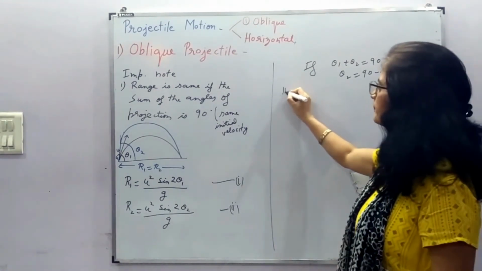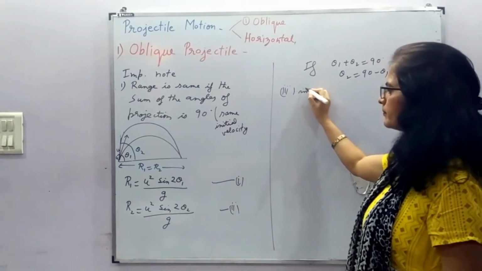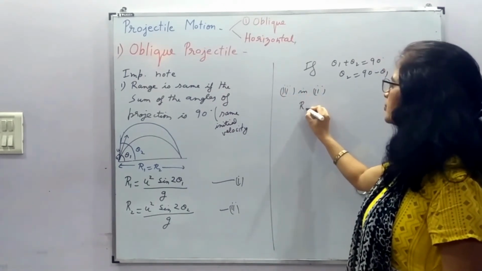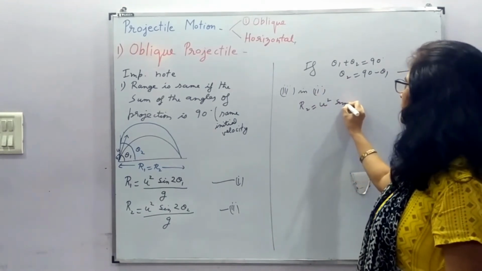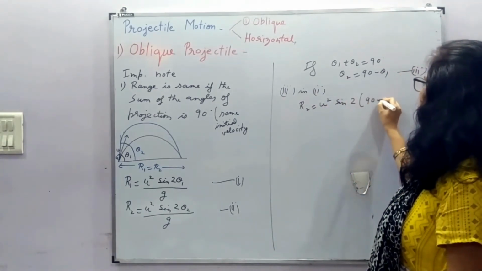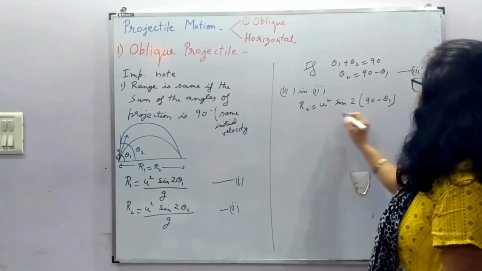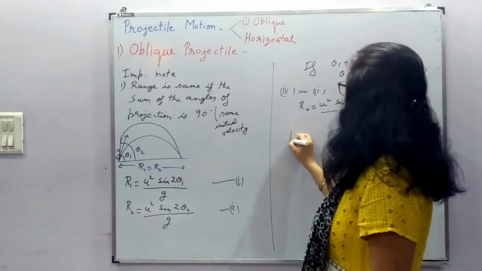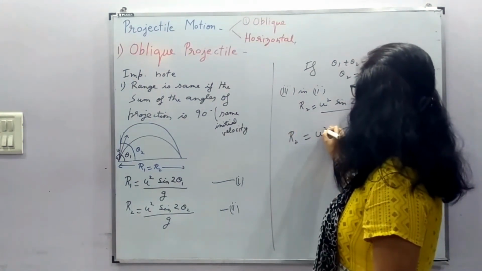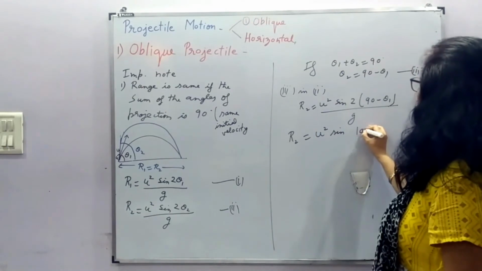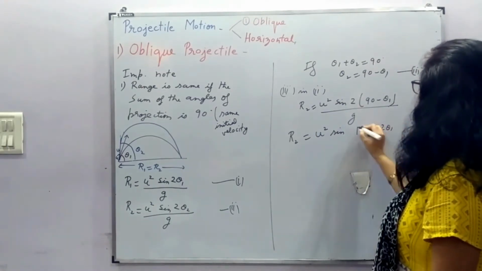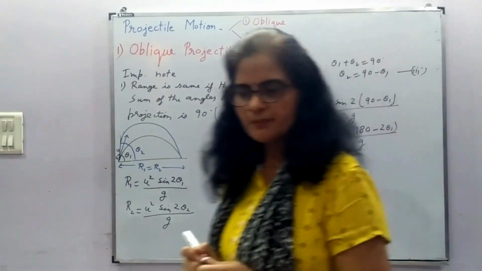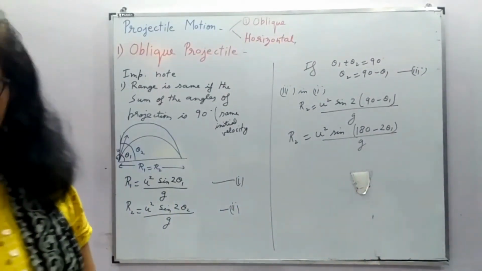So if we put third in 2, R2 is u square sin 2 into 90 minus theta 1 upon g. So R2 is equal to u square sin 180 minus 2 theta 1 upon g. And sin 180 minus angle is sine of that angle.